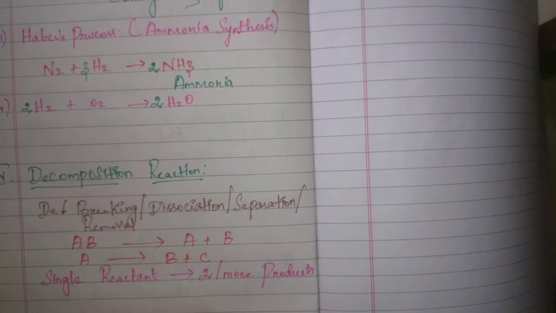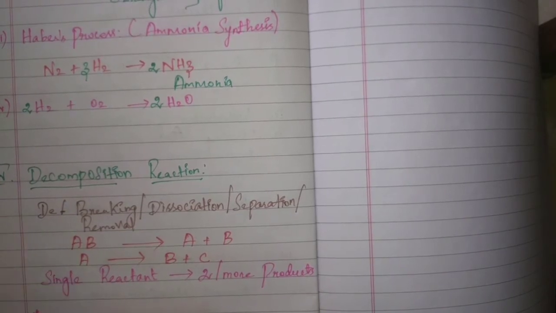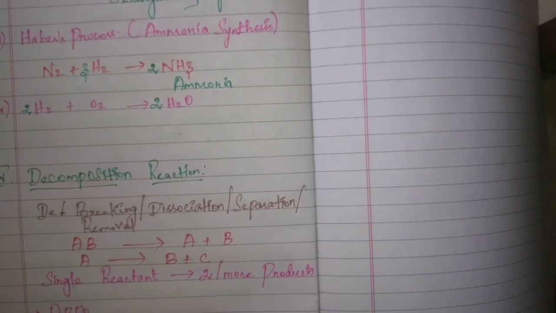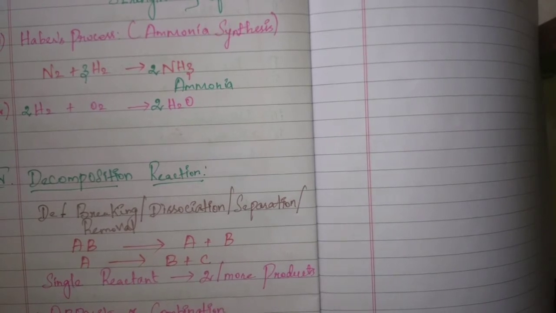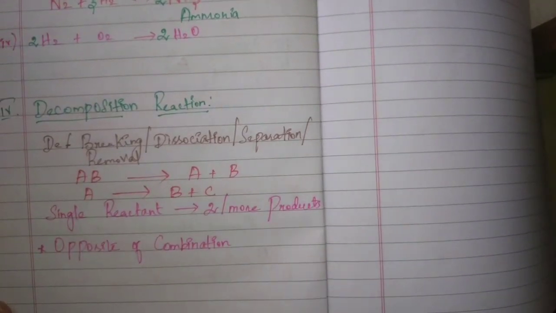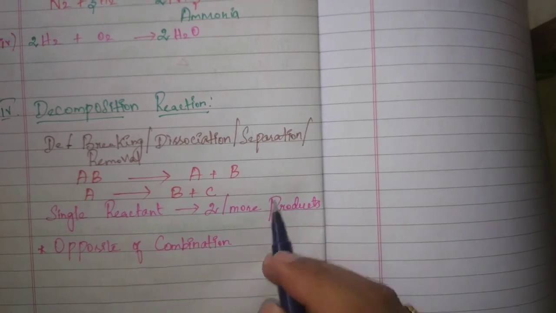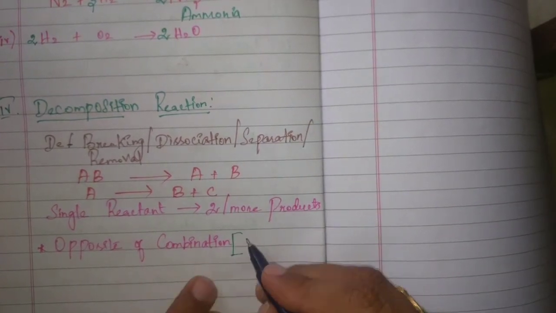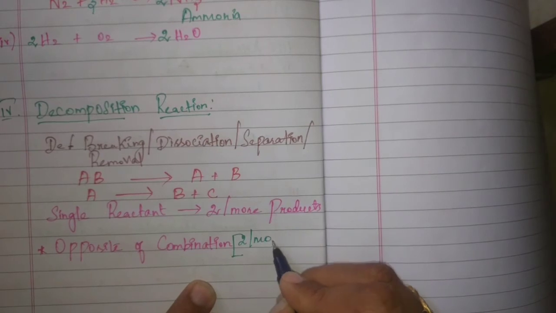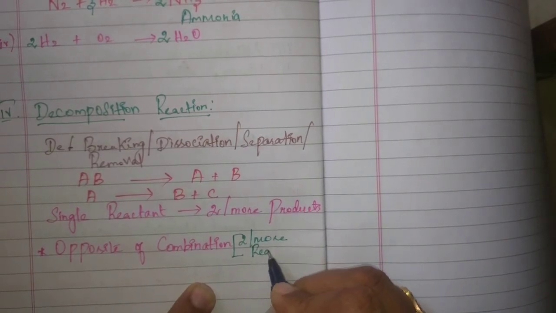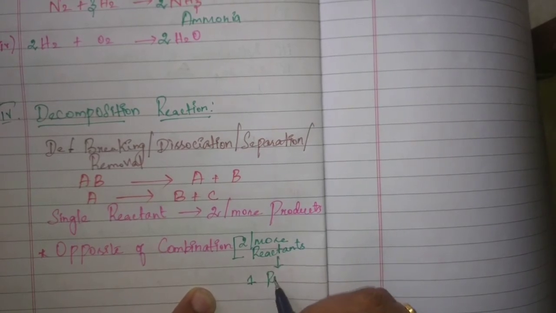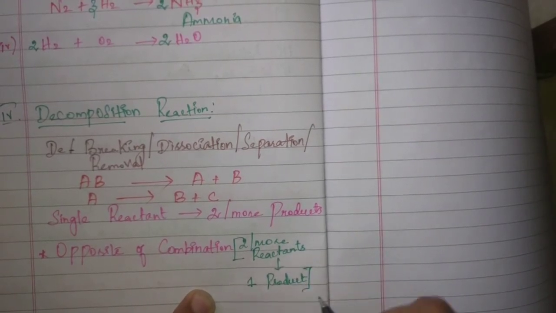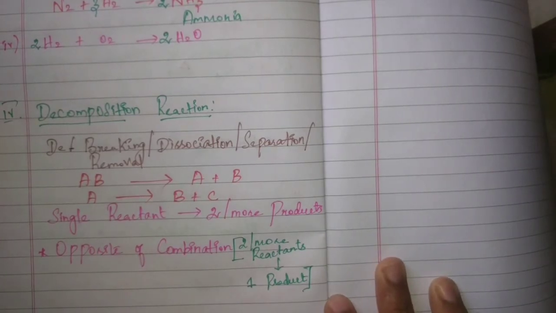Clear, students? So why is it opposite? In combination, two or more reactants give one product. So that's why it is the opposite of combination reaction.